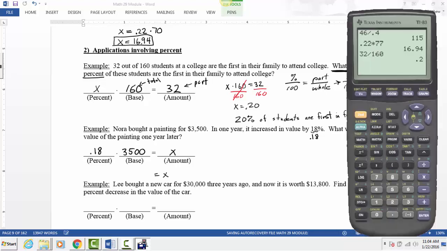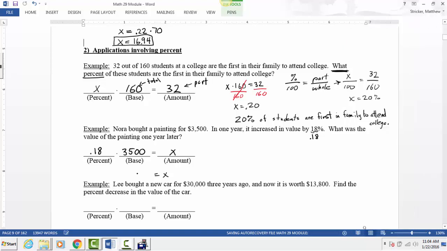We can bring up our calculator here and take 18% of the total 3,500, just 0.18 times 3,500, and we get 630. So basically 630 is 18% of 3,500. Now, what's the question? It says, what was the value of the painting 1 year later? Is that the answer? Is the painting worth $630, or what do we have to do with that $630?